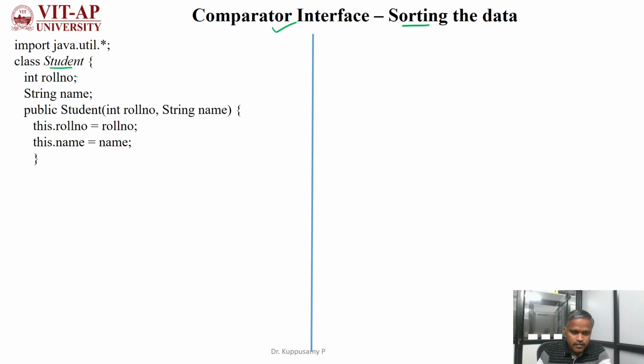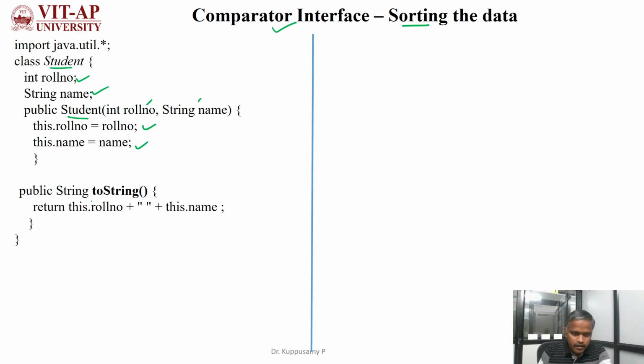A class is defined with the name Student, then roll number is one variable, name is the second variable. Then a constructor is defined to assign the values of roll number and name respectively. Whatever data we define, we are overriding the toString method for the roll number and also the name.